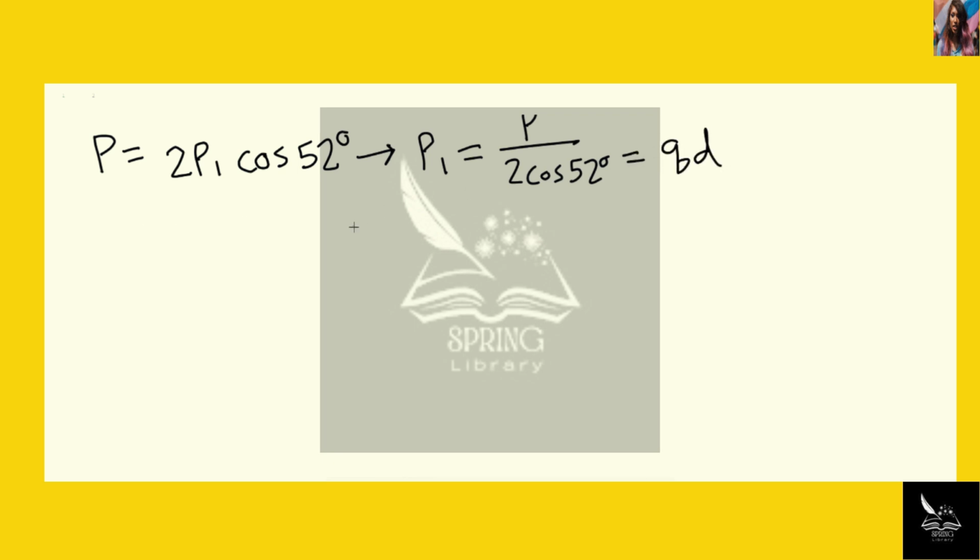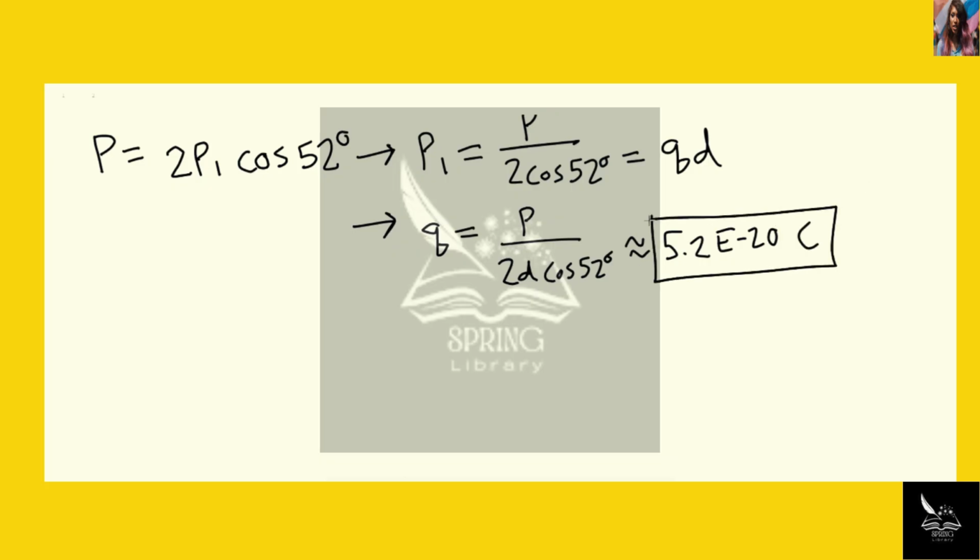Thus, we can isolate Q. Q is P over 2D cosine 52 degrees. We can plug in our value for the total dipole moment and for the distance from oxygen to hydrogen, and of course cosine 52 degrees, and we will end up with about 5.2 times 10 to the negative 20 Coulomb. That's the effective charge seen by the hydrogen.